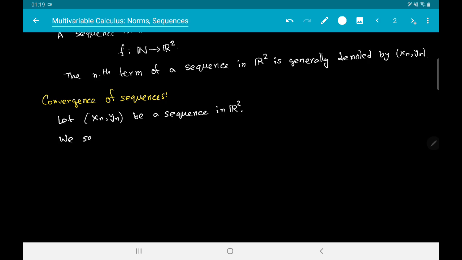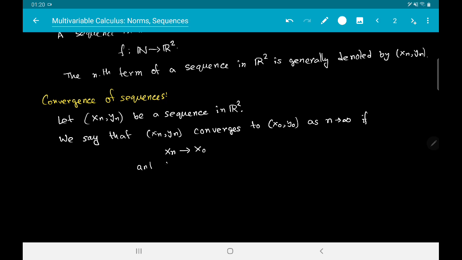We say that (xn, yn) converges to the point (x0, y0) as n tends to infinity if xn converges to x0 and yn converges to y0 as n tends to infinity.